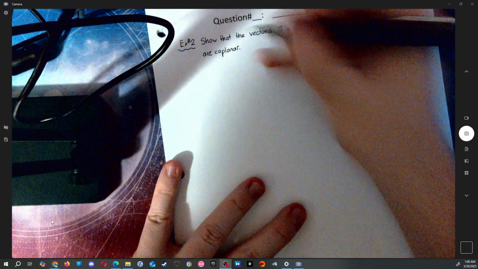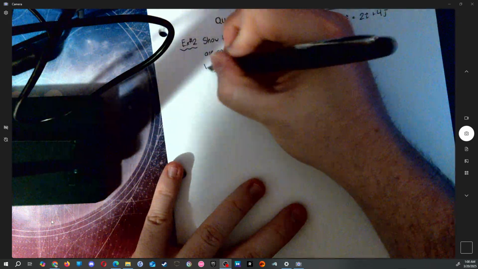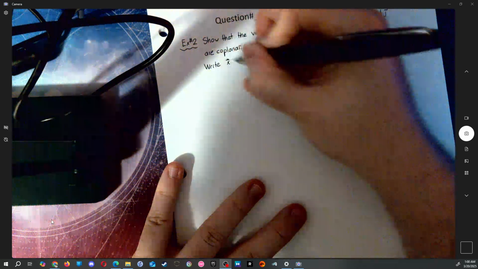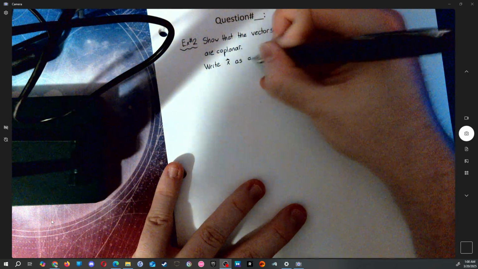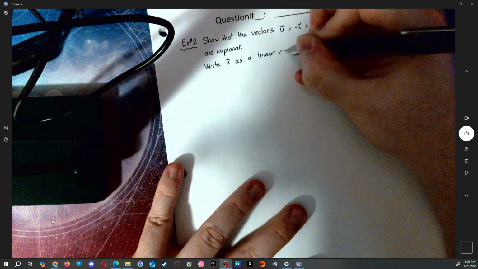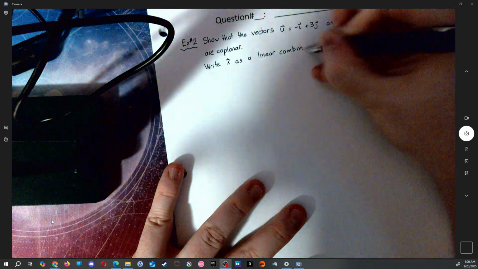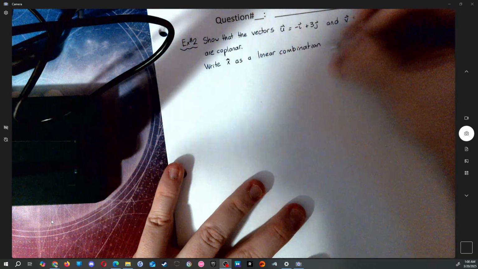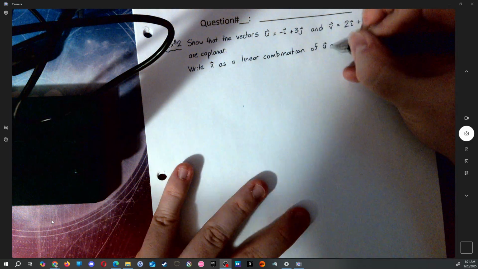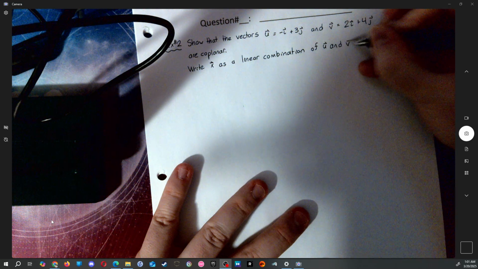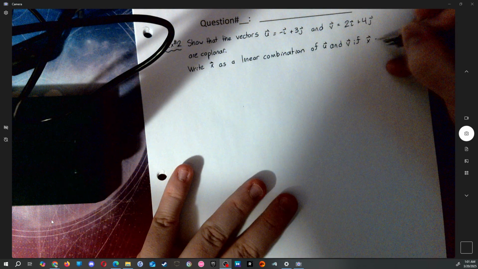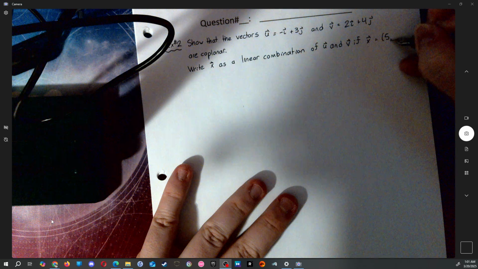Okay? So that's the first part of our question. And then after that, we're going to write x, so vector x, as a linear combination of u and v if vector x is 5, 8.